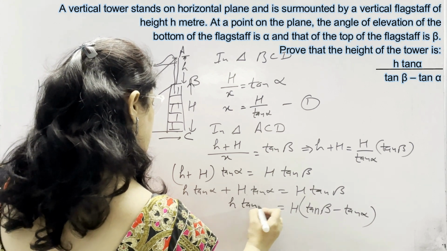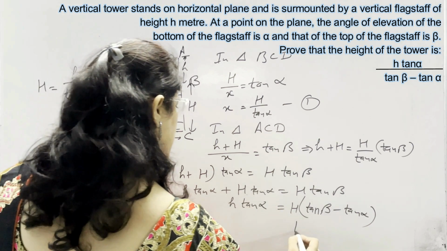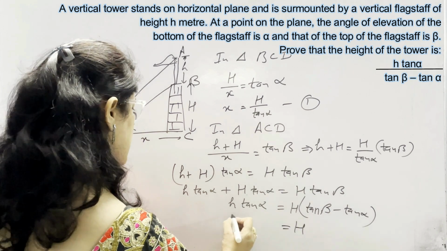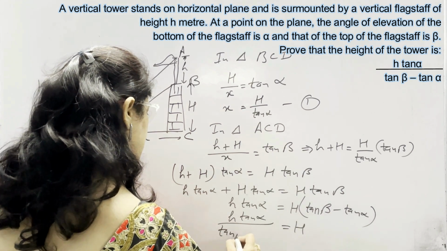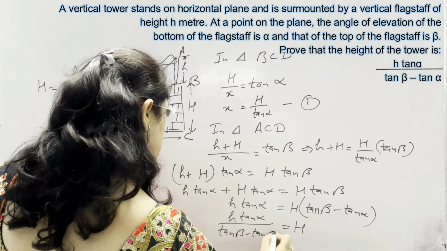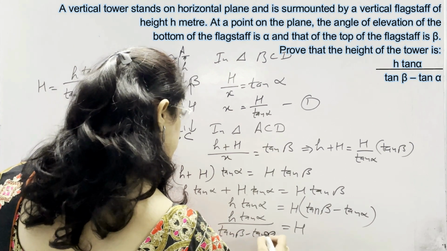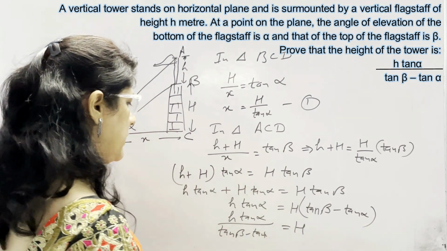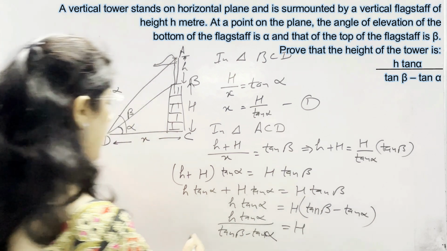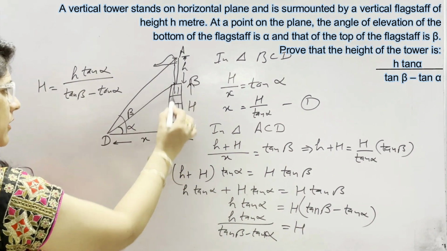The remaining term is h tan alpha. So the value of capital H is h tan alpha divided by tan beta minus tan alpha. This is the required result, the height of the tower.